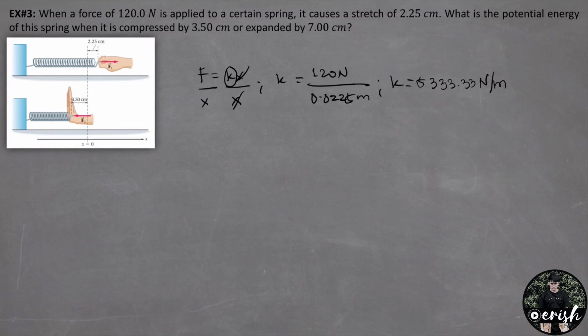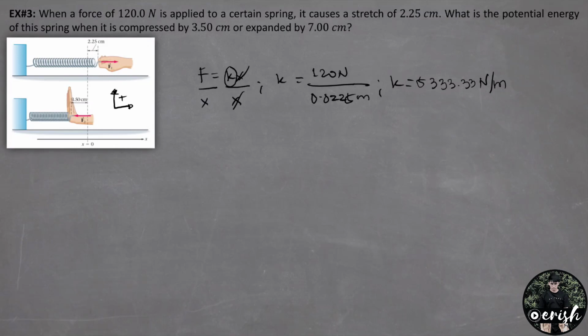Hindi natin pwedeng gamitin yung k na to sa ibang spring dahil iba na yung material composition ng spring na yun. To solve for the potential energies, kapag na-compress siya ng 3.5 centimeters, assuming this is the positive side, again, yung signs na yan, hindi siya magmamatter kasi i-square din naman natin yung x.